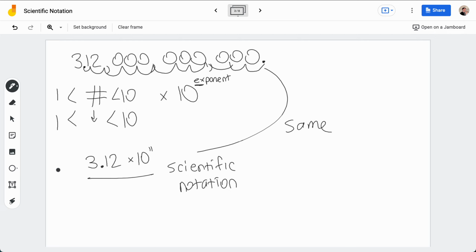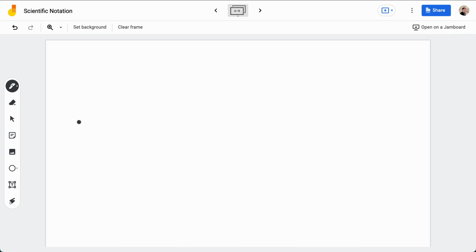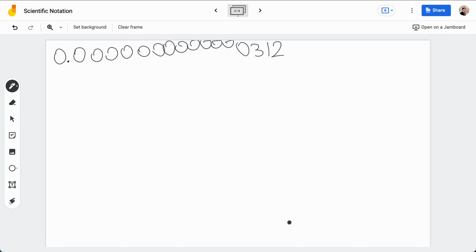But you can also go the other way, because this is a really big number with lots of zeros, but really small numbers can also have lots of zeros. Suppose instead I gave you this number: 0.00000000000312.